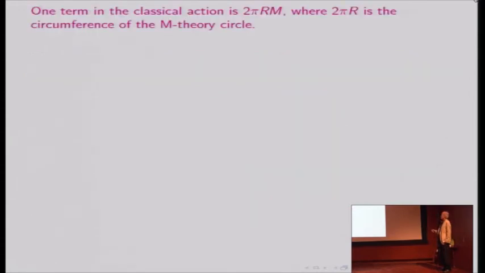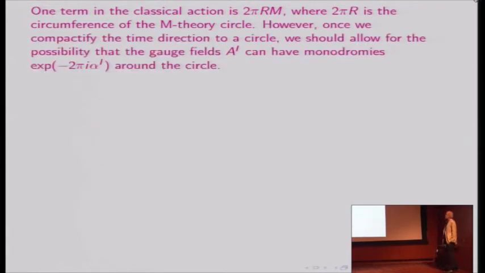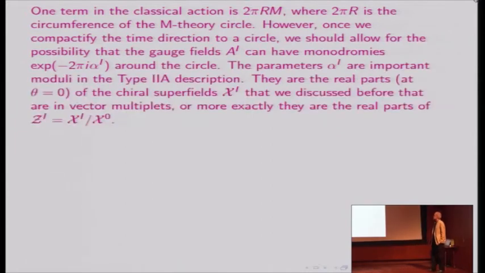One obvious term in the classical action is the mass times 2 pi times the radius, in other words, times the circumference of the M3 circle. But there's one more term in the classical action that arises once we compactify on a circle. We should allow for the possibility that the gauge fields can have monodromies around the circle. So these parameters are important in the type 2A description.